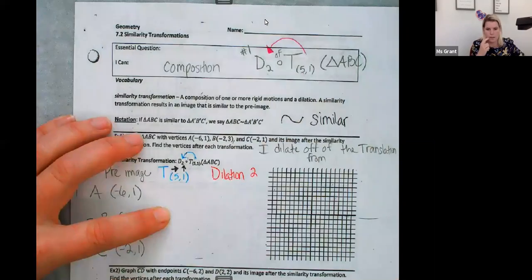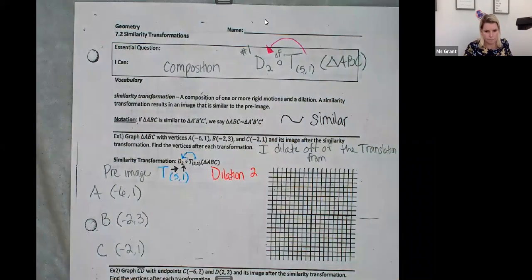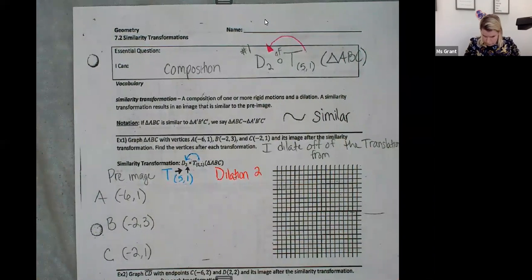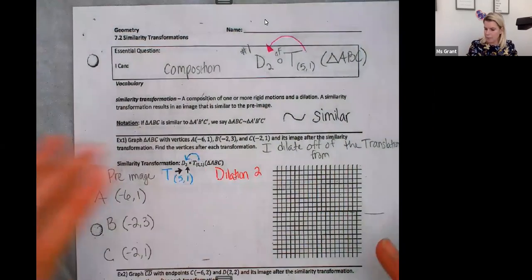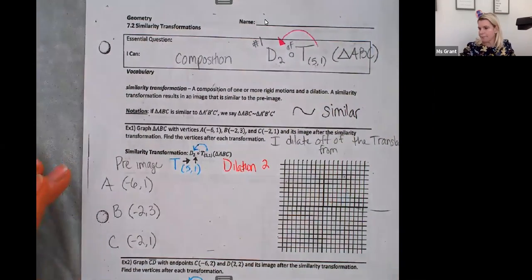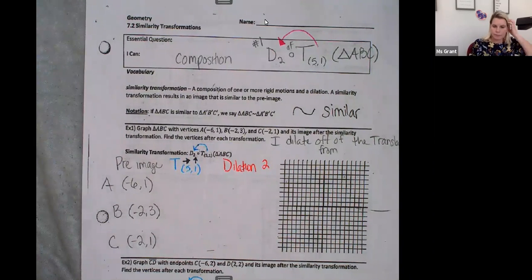Okay. So here we go. My original shape is there, and we have lots of time. Yeah, we do. I have 30 minutes. Okay. I'm going to first translate 5 to the right.